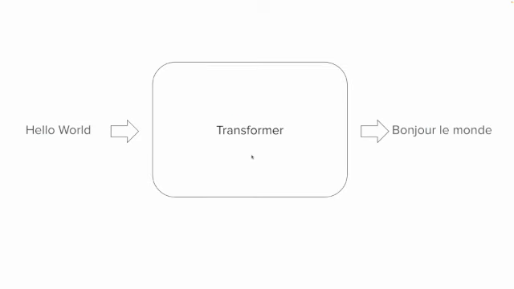So let's take an example. Let's say you have a transformer and you give it an input and it gives an output. Transformers are basically doing a sequence to sequence transformation. That means you give an input sequence of tokens and you get an output sequence of tokens. The job of the transformer is basically to predict the next word, and it keeps doing that continuously and you get a sequence out.